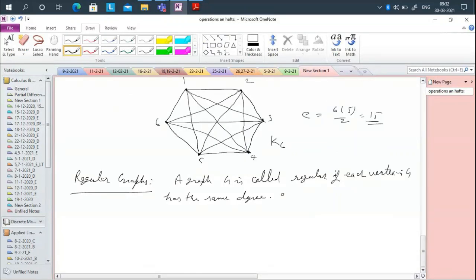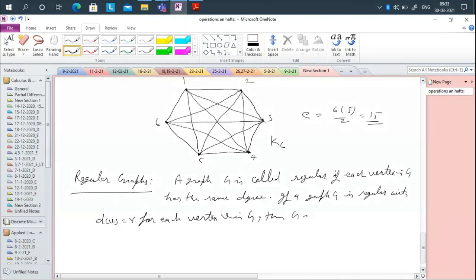If a graph G is regular with degree of each vertex equal to r, for each vertex v in G, then G is called r regular graph.